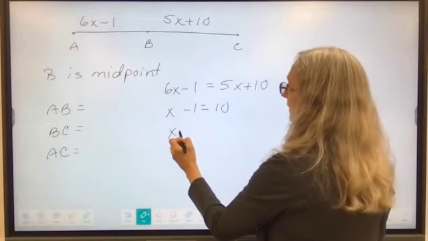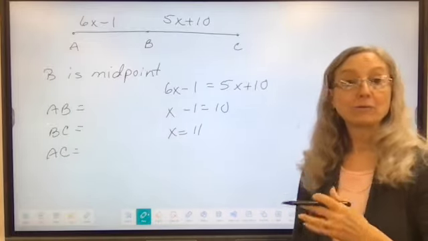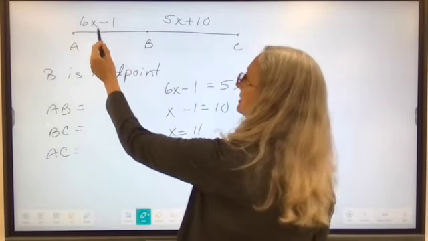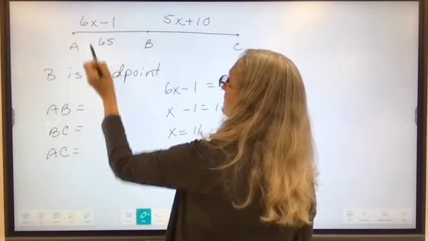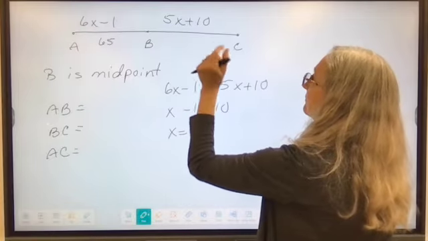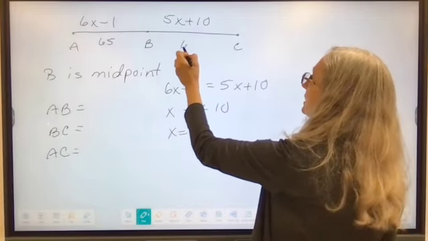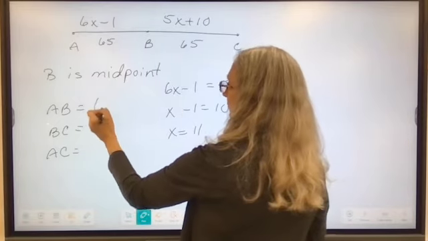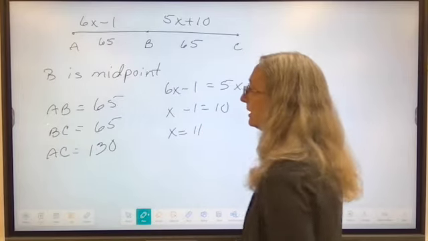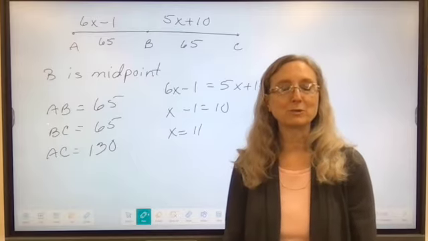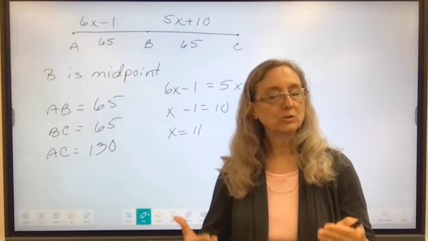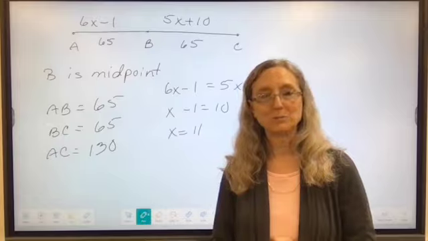I'm going to add 1, x equals 11, and now I'm going to plug 11 into x, and that would be 66 minus 1, or 65, and 11 times 5 is 55, plus 10 is 65. So these are both 65, and the whole thing then would have to be 130 because I would add those together. So look at the relationships to understand how you will set up your equation to solve the problem.